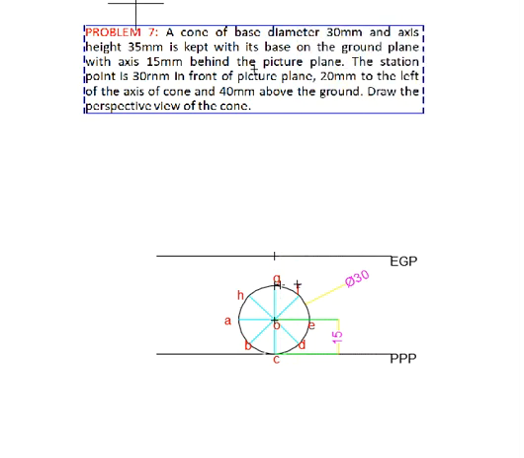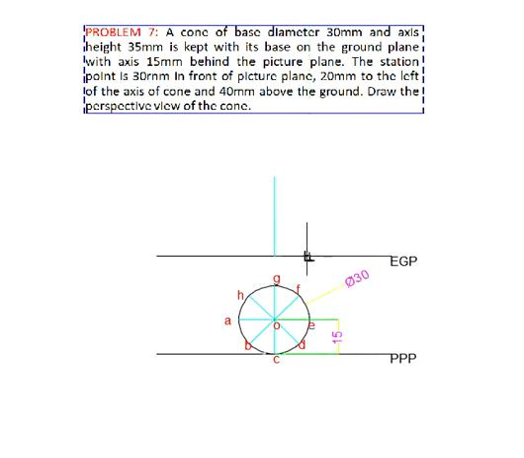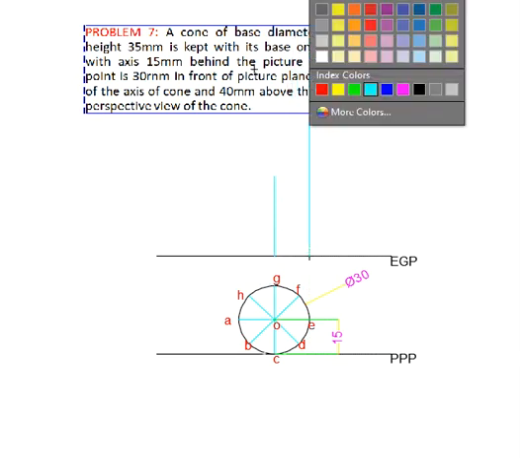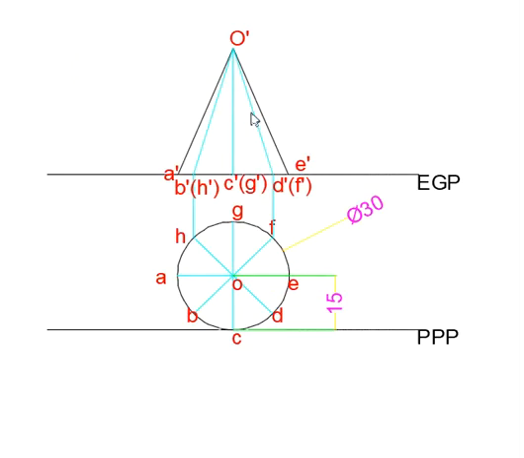Take the axis height as 35 mm. After drawing the front view, you have to mark all the points in the front view. So you got the front view and top view of the cone.